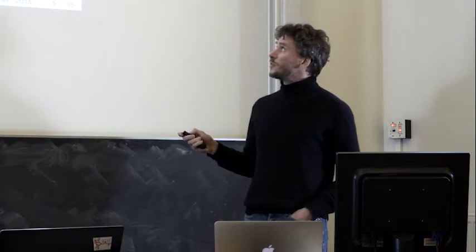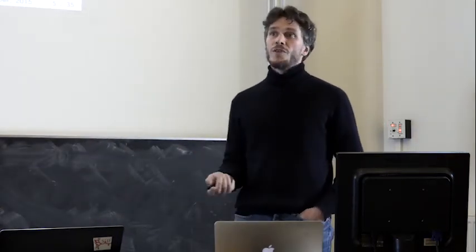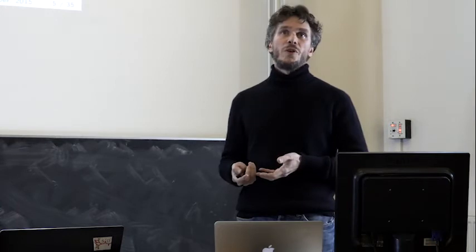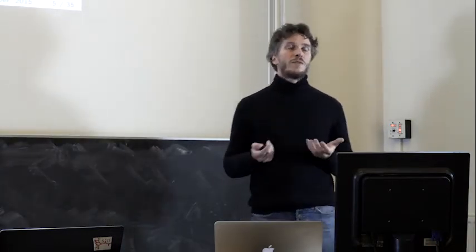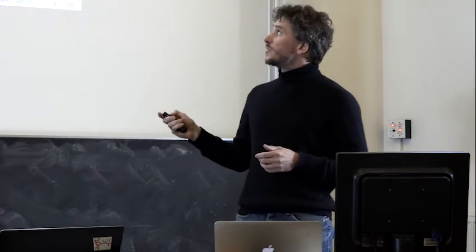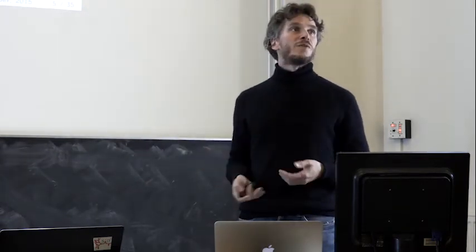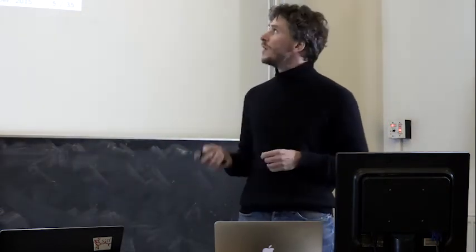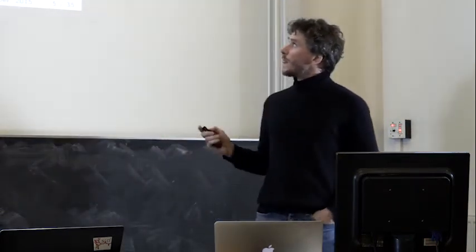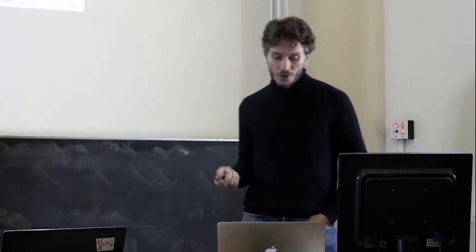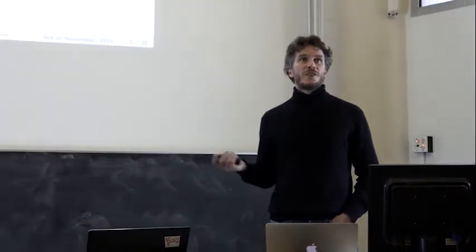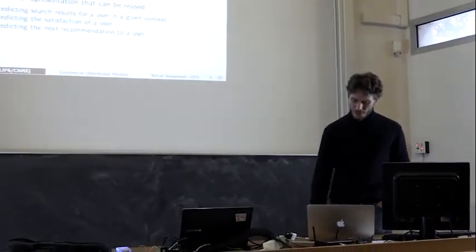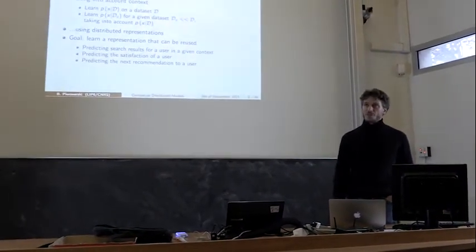And then what you will try to do is to learn, for a different data set, which is usually much smaller, this same kind of probability distribution, but trying to take into account the fact that you've observed a bigger data set comprising a lot of different observations, which might encompass the same context or other contexts. Okay? So the goal is, as I said, to leverage this in order to do some tasks better, where you can use the representation that has been learned.